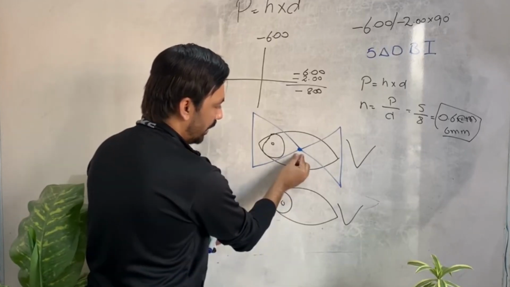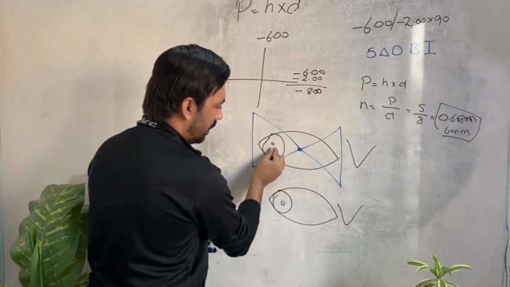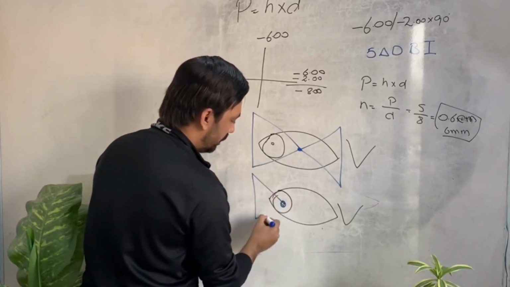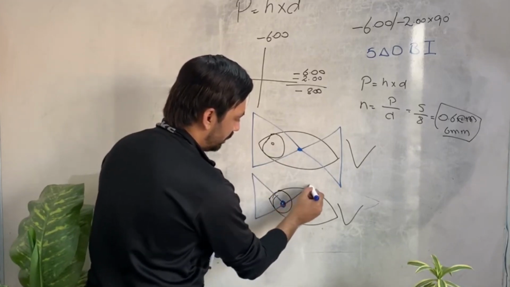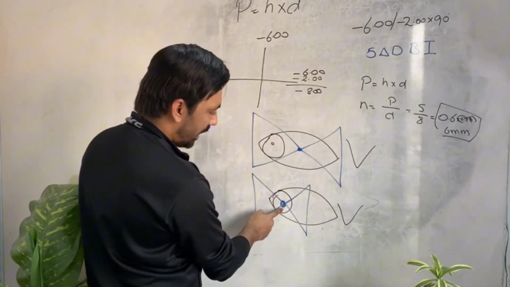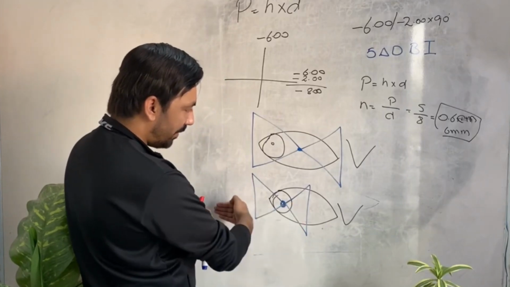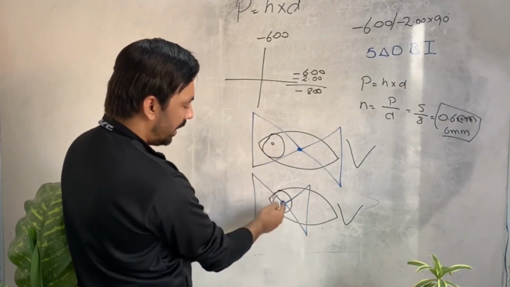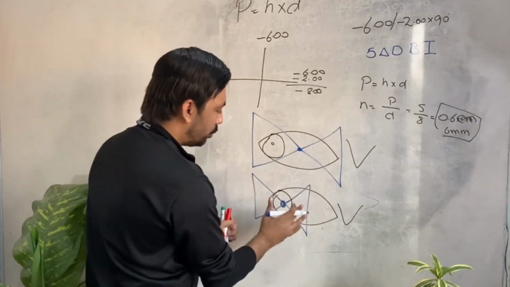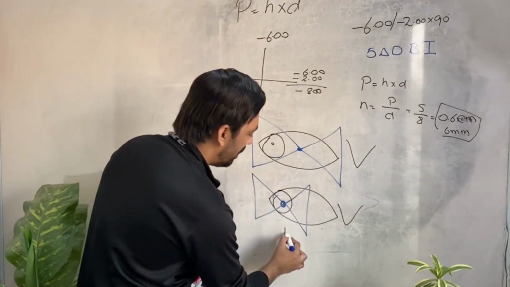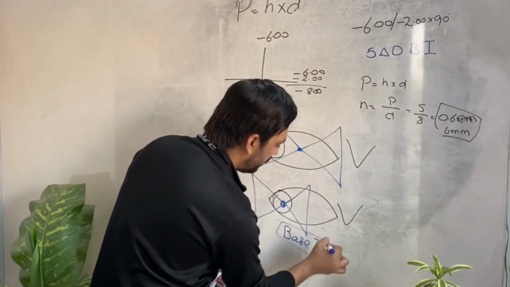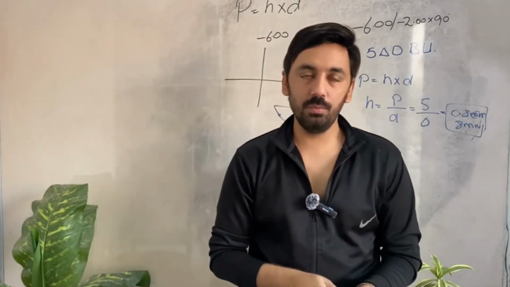If I decenter the lens towards outward, the apex will be here. So the apex is towards the deviation. If the deviation is exo, meaning outward, the apex is outward. If the apex is outward, the base is in. So I am actually moving the lens outward, but it is giving a base in effect. I hope this is clear. We'll see you in the next videos.